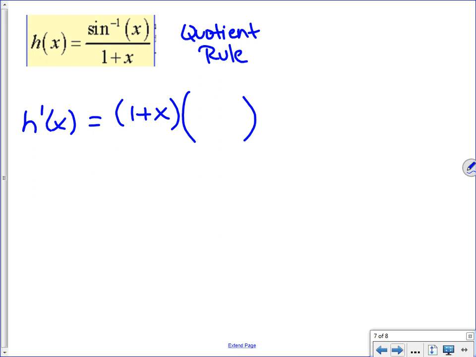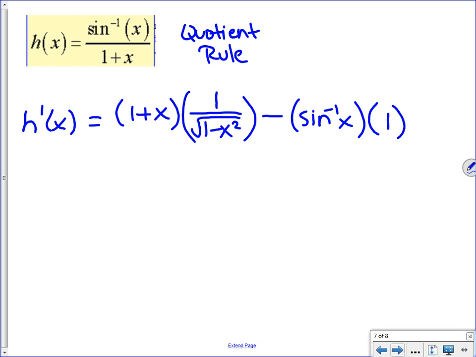Now the derivative of inverse sine of x would be 1 divided by the square root of 1 minus x squared. So we have low d high minus high d low, which is just 1, all over low squared.